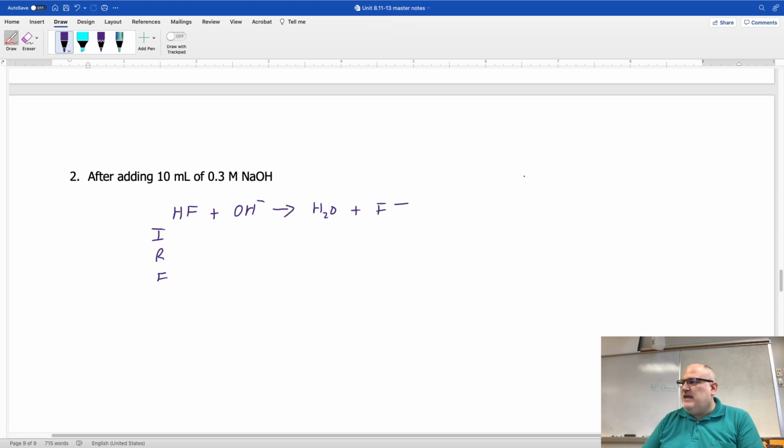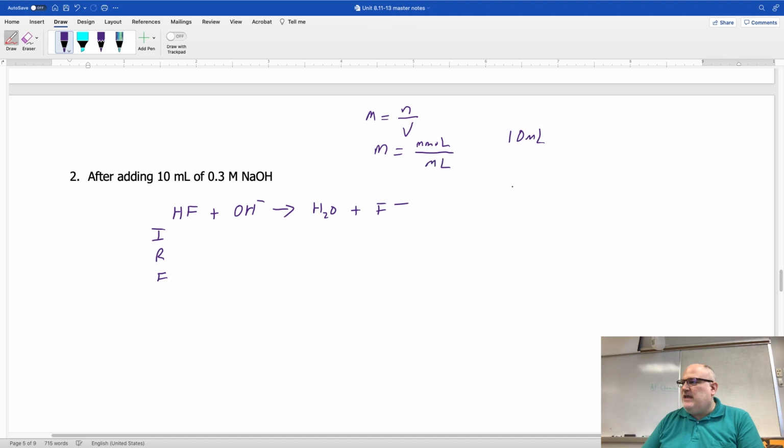Okay, now I wanted to talk about how we're going to deal with millimoles, because I don't want to deal with moles here. And so the way this works is pretty straightforward. We have 10 milliliters of 0.3 molar NaOH. Now, 0.3 molar, and if you remember from before, molarity is always equal to moles over volume, right? I can rearrange my molarity if I want to make it equal to millimoles over milliliters.